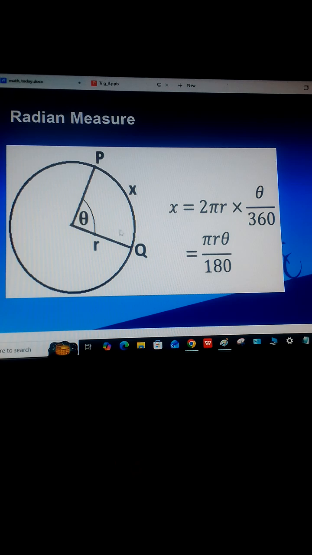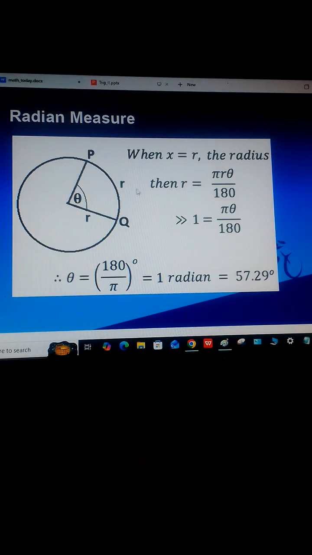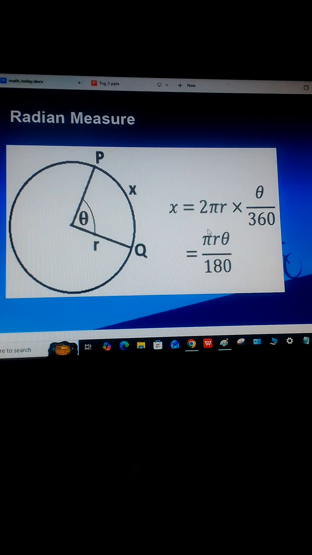Now, we want to consider a case whereby this length x is equal to the radius r. What will be the angle? Let's proceed. When x is equal to r, the radius of the circle, then the length r is equal to pi r theta over 180.